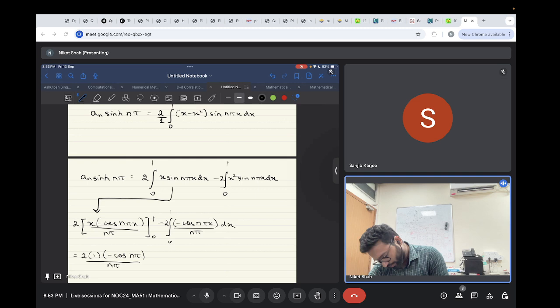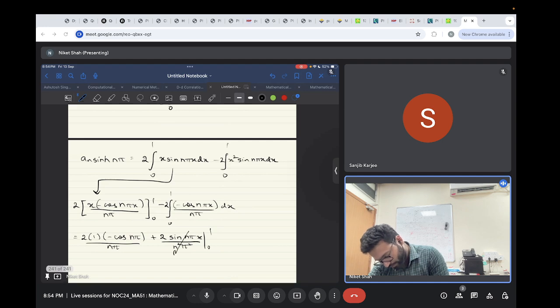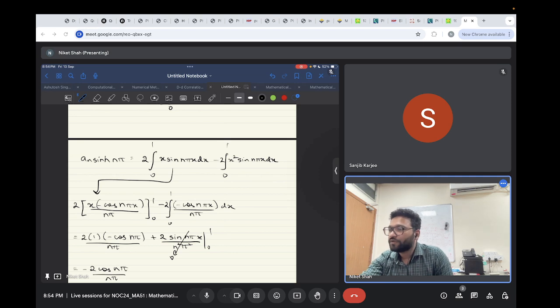The second value at 0 is 0, and then plus the integral of cos(n pi x), which goes to sin(n pi x) divided by n squared pi squared, from 0 to 1. At n pi and 0 both become 0, so this is 0. So the value is minus 2 cos(n pi) divided by n pi. Yes, this is the first one.